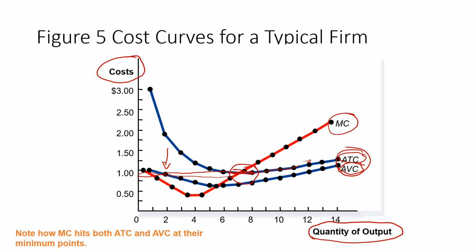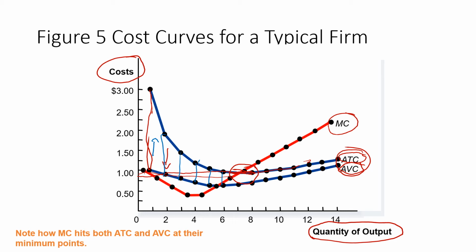How much is the difference between the two? The difference between the two, let's say this gap, or let me change the pointer, these differences are equal to average fixed cost. When we add up the average fixed cost to the average variable cost, we will move up to the average total cost curve. So the difference between the average total cost and average variable cost is the average fixed cost.